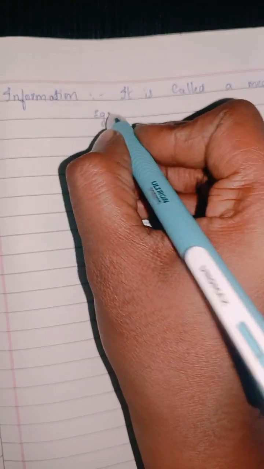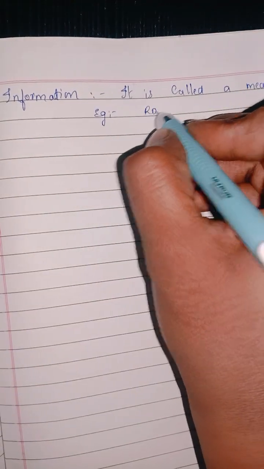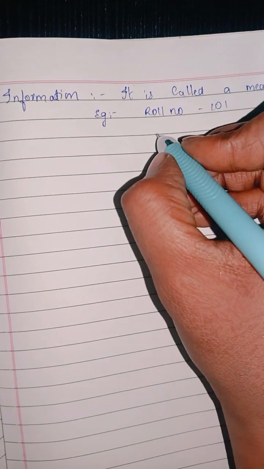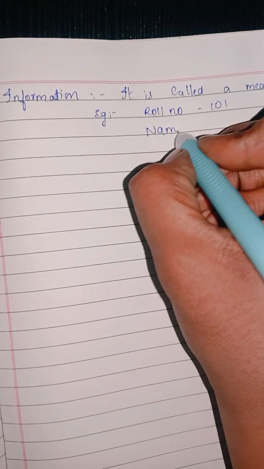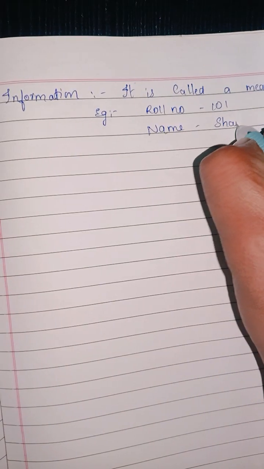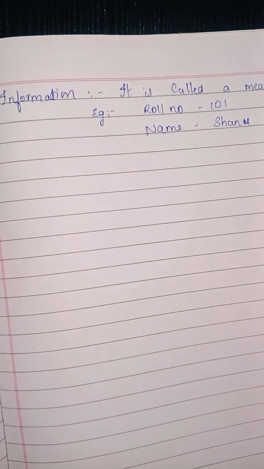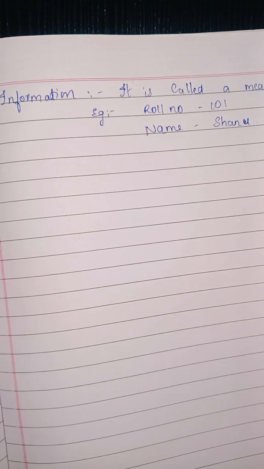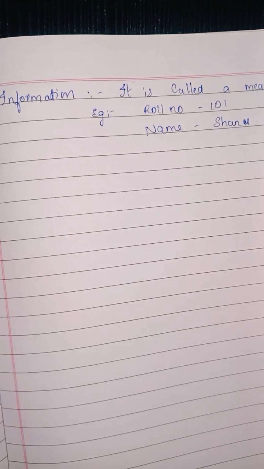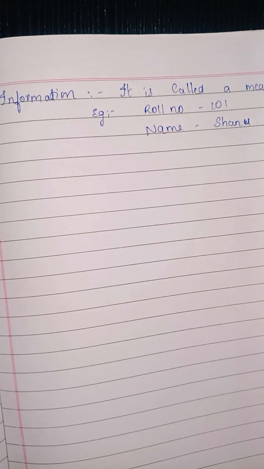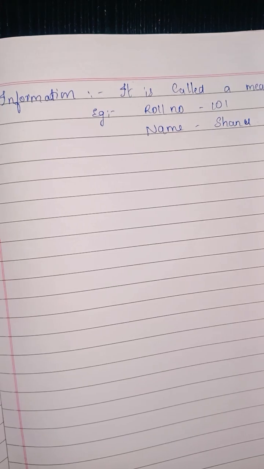Example: roll number 101, name Shanu, which plays a major role of taking the data and presenting the information in a meaningful format.